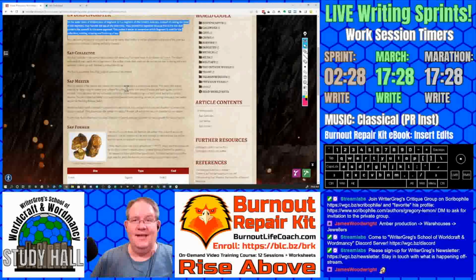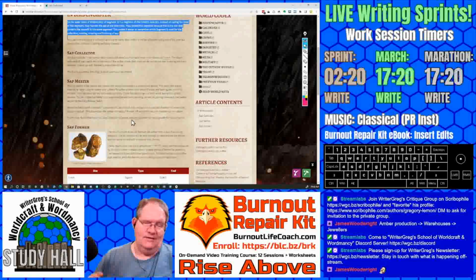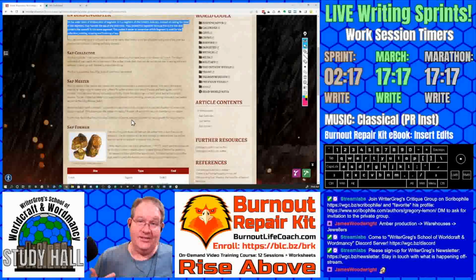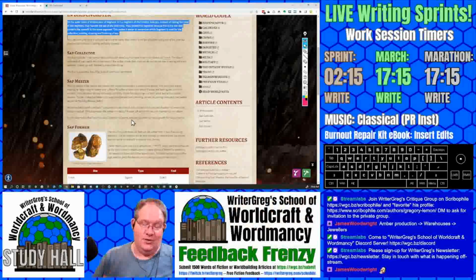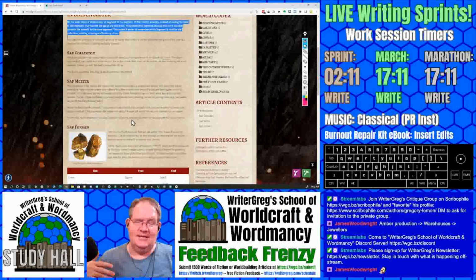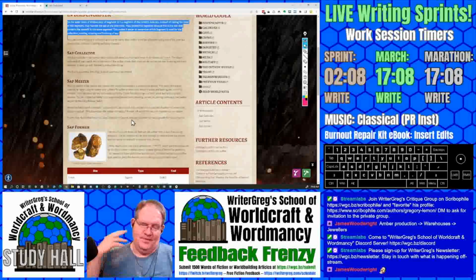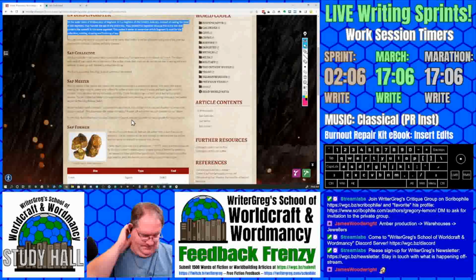And can they recycle? If you have a piece of amber you want to recycle, or a lot of amber dust laying around, can you remelt it and pour it again so that you're not wasting the amount of sap that you have collected? Yeah, a lot of fun possibilities with that.